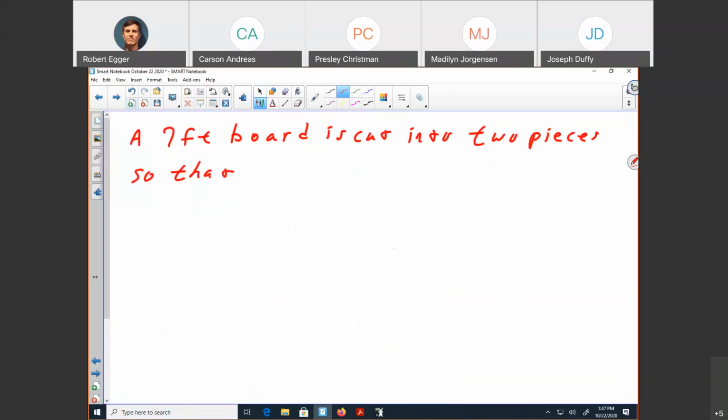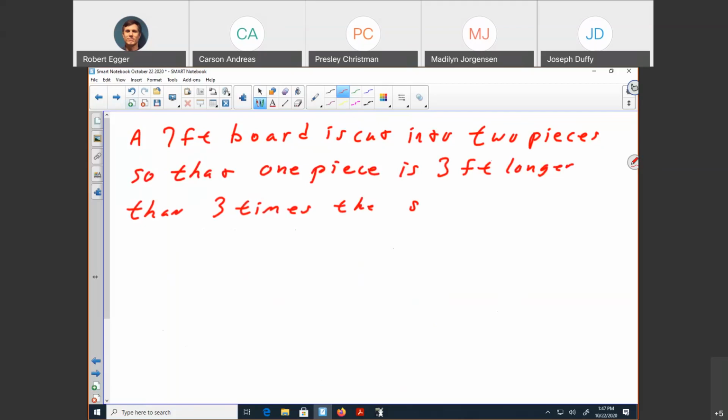So that one piece is 3 feet longer than 3 times the shorter piece.